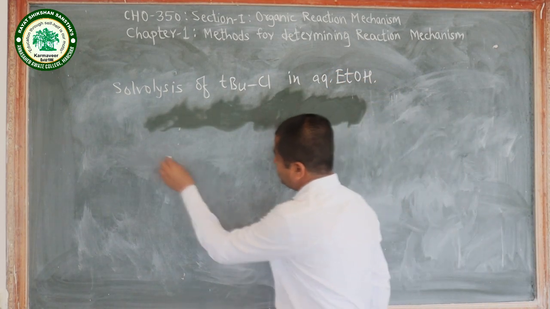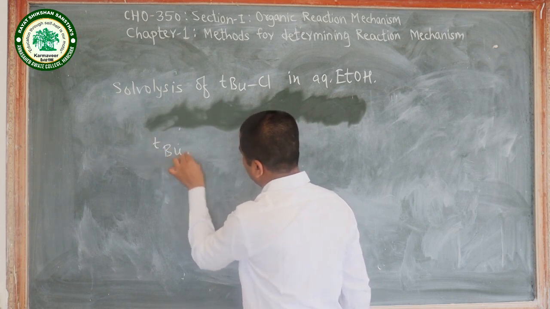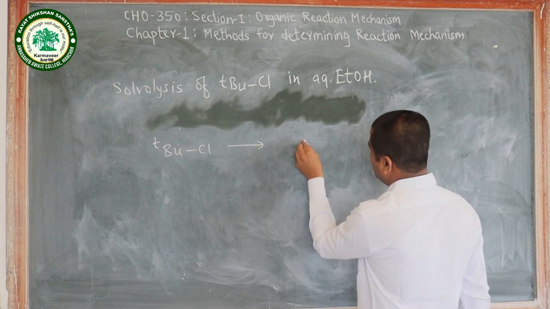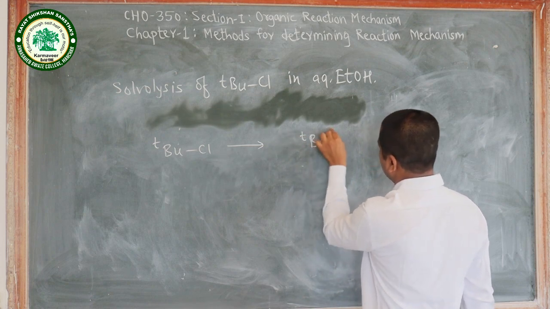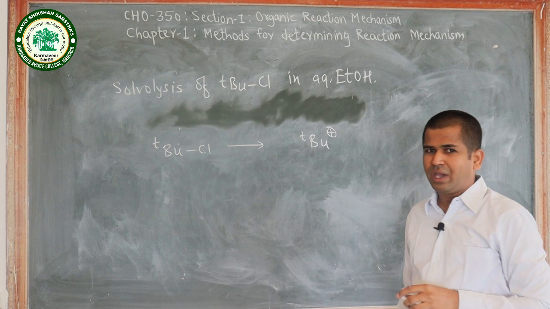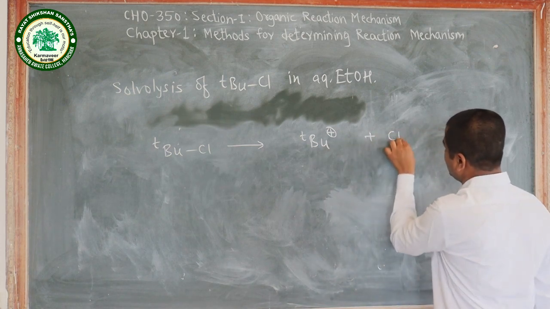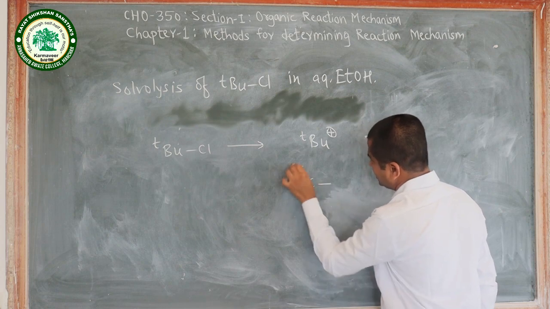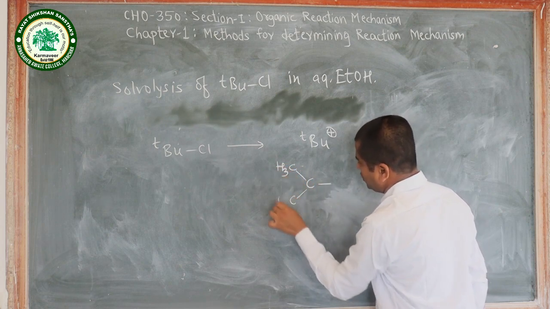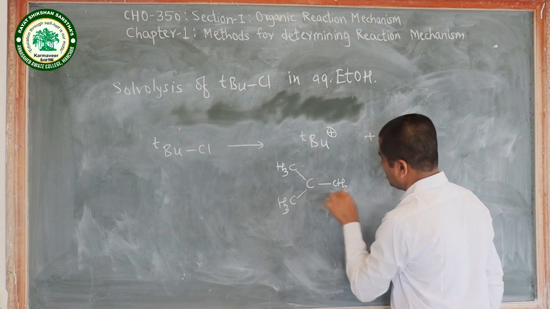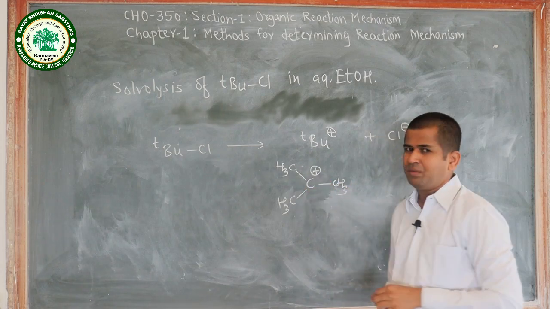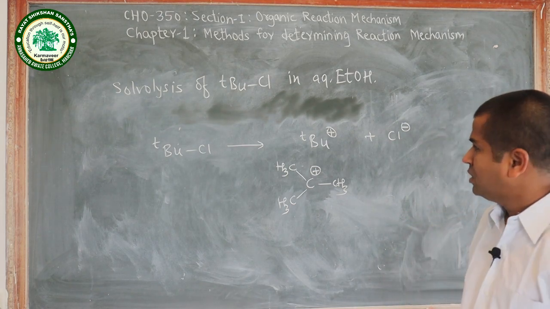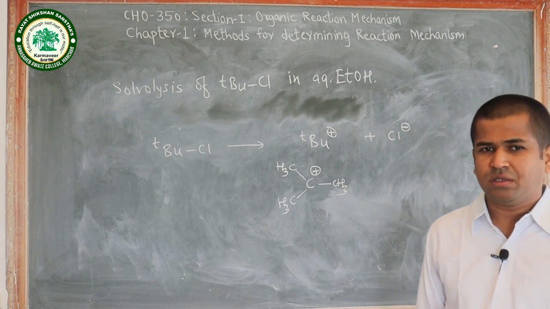In this reaction, the tertiary butyl chloride on solvolysis gives a tertiary butyl cation and a Cl minus ion. This tertiary butyl cation's actual structure is like this.